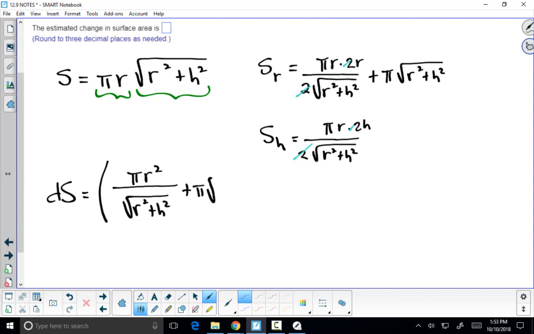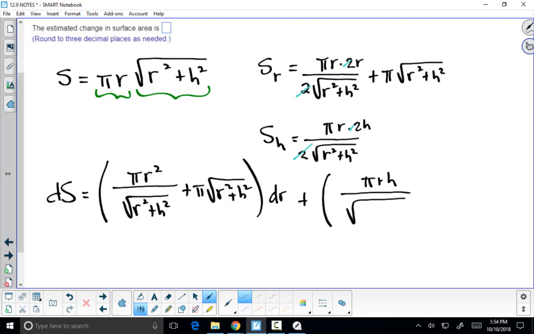And then pi times the square root of r squared plus h squared multiplied by dr plus S sub h. This one I don't really need parentheses, but I'll put them anyway, just so that we can see everything. And then dh. So the stuff in parentheses in front of dr, stuff in parentheses in front of dh.